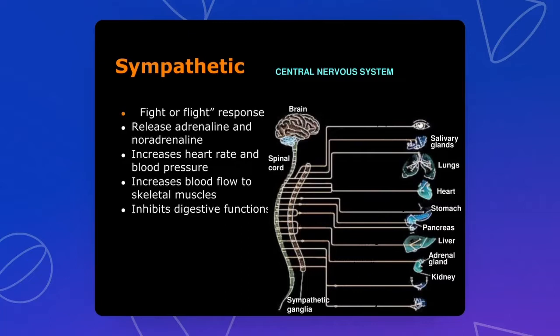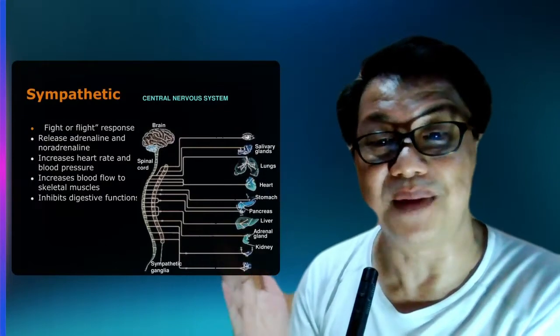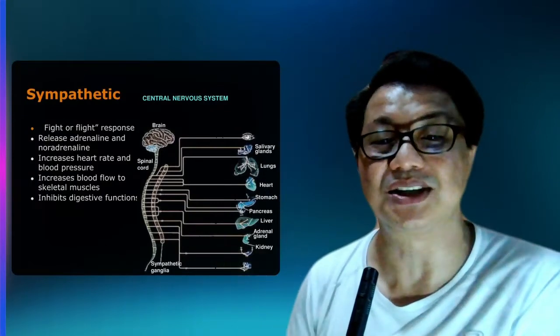It's really good that they're automatic because it would require a lot of energy on our part to think about those functions. Because imagine having to think about when your heart or your lungs should beat or when you should breathe. So we are thankful that they are automatic. We don't need to think about it.